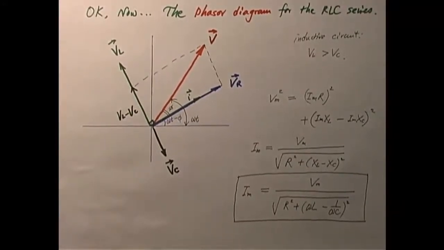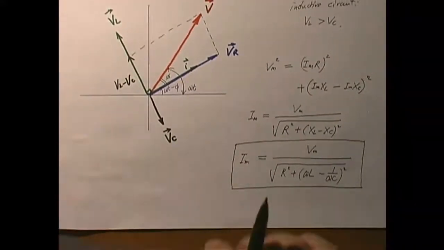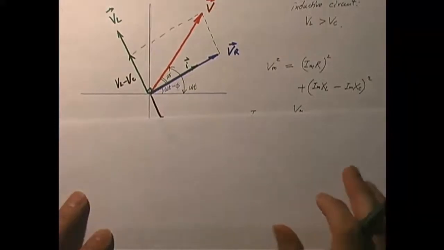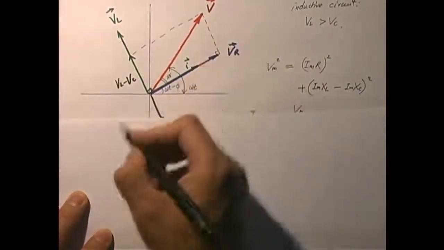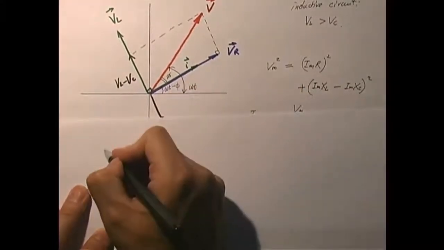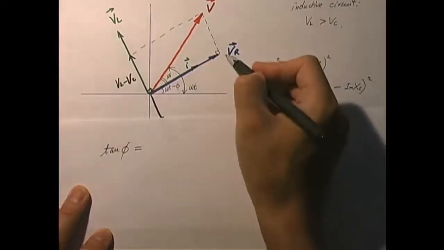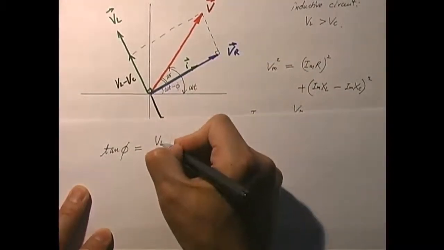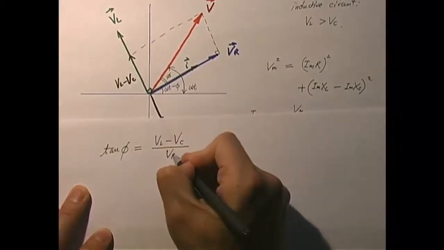But at this point, let us not forget that we need to study the phase angle phi. How do you find the phase angle phi? I don't want to lose this phasor diagram. Look, once again, from this right angle triangle, I know that tangent phi equals this length over that length, which is VL minus VC divided by VR.